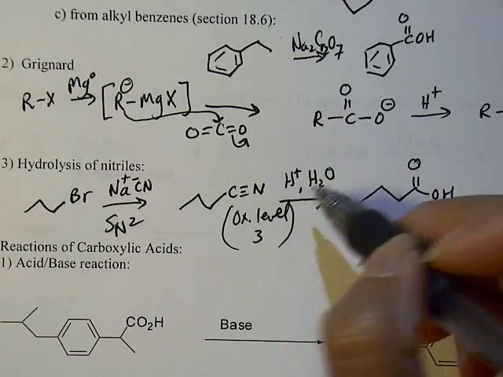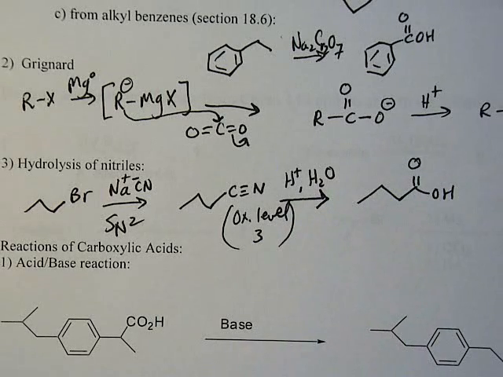I'm not going to go over the mechanism of this, because we're going to go over that later when we cover the nitriles under the ester derivatives. For right now, you should know that this method is a very easy way to make carbon-carbon bonds, and at the same time, with another step, you could hydrolyze it to make carboxylic acid.